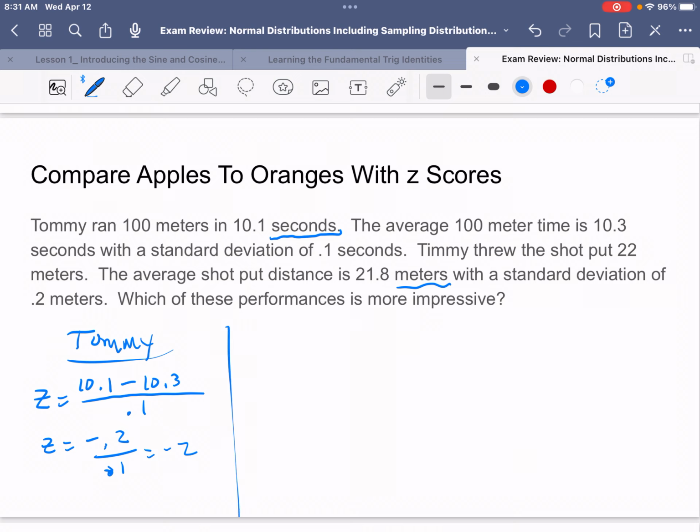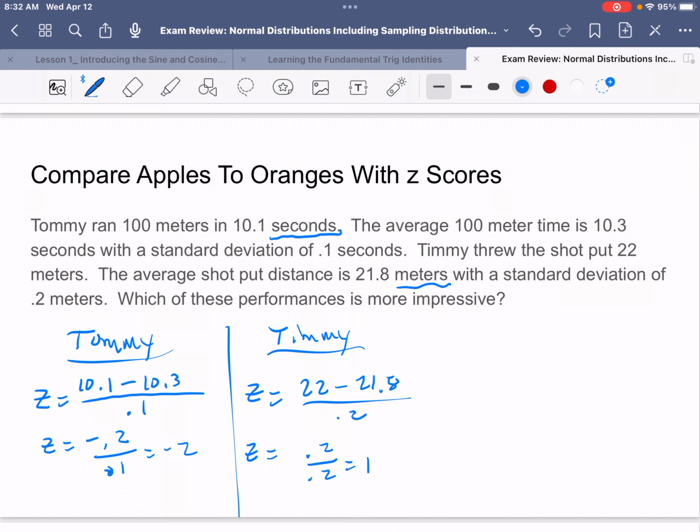Now, let's talk about Timmy. Well, Timmy's z-score is his score minus the average divided by the standard deviation. Well, let's see, that's 0.2 divided by 0.2, which is 1.